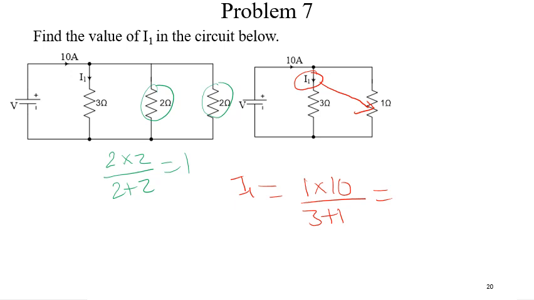So it is now equal to 2.5 amps, and we are done. This is basically how we find our current using the current division rule.